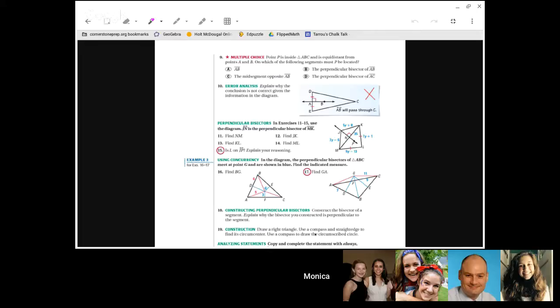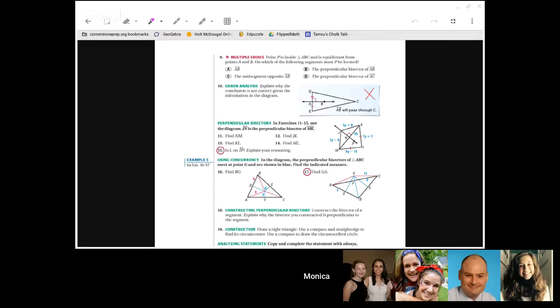Now, if you look at the theorems in the chapter, theorem 5.2 says, in a plane, if a point is on the perpendicular bisector of a segment, then it's equidistant from the endpoints of the segment. That's not the one we need to use because we don't know that it's on the perpendicular bisector. So let's look at the converse, theorem 5.3.